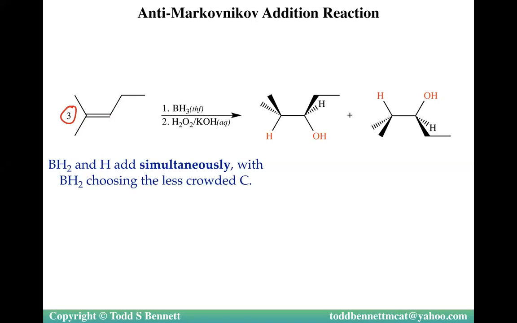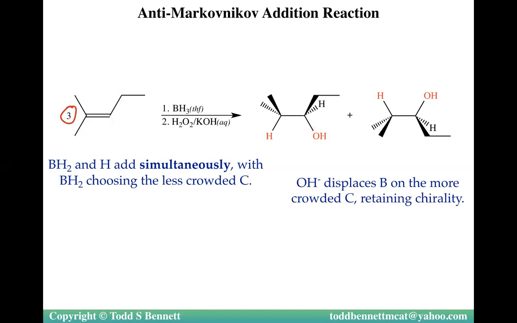The first one on, BH2, is really going on simultaneously with H, but the bigger thing chooses the better seat. So they add simultaneously, which allows for syn addition and the boron going to the less crowded side. Then OH minus is going to displace this boron, and we'll explain how that happens, but it's going to involve this peroxide molecule. So let's go ahead and work our way through this reaction.